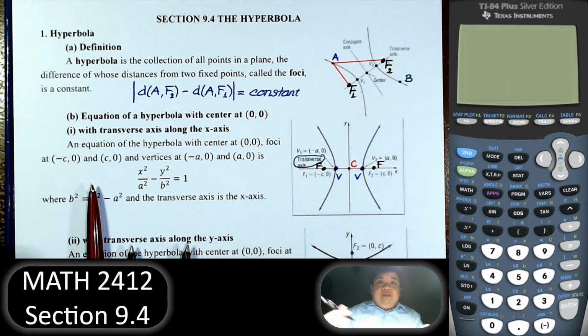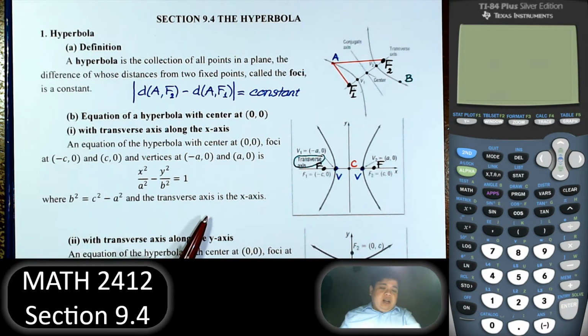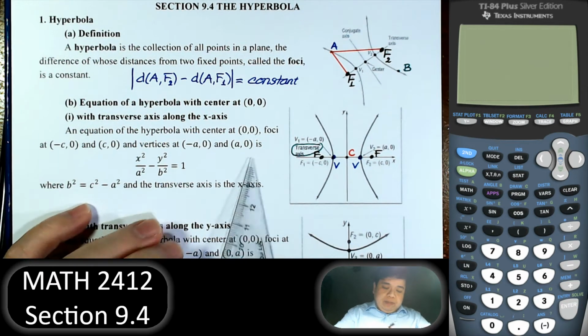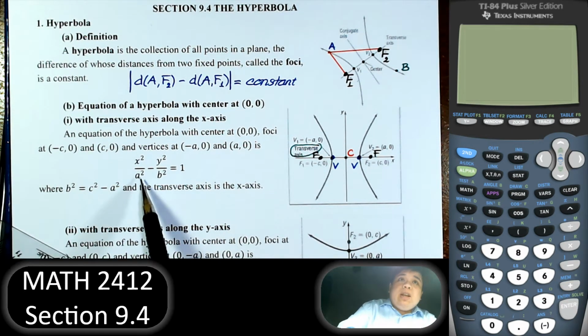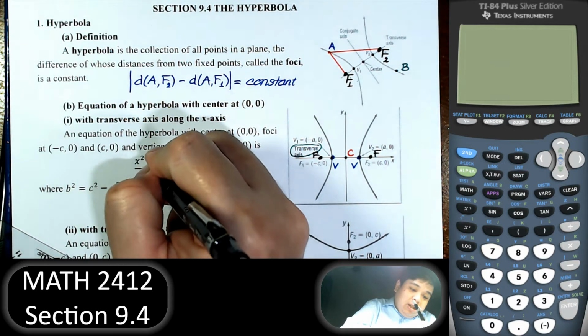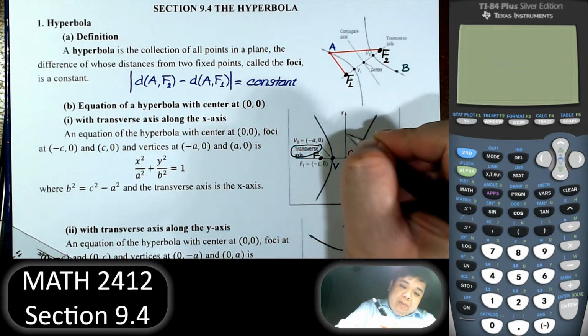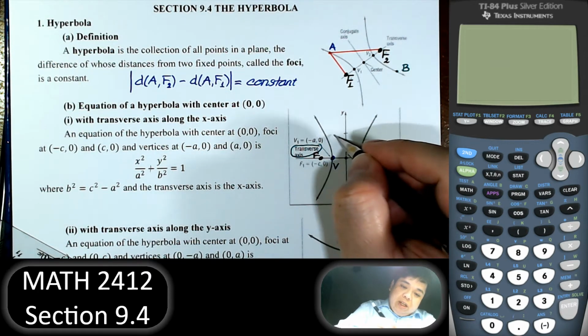We do not have the minor axis, but actually the way to graph it, well, look at this. If this happened to be a plus, then we go a units left and right, and then b units up and down.